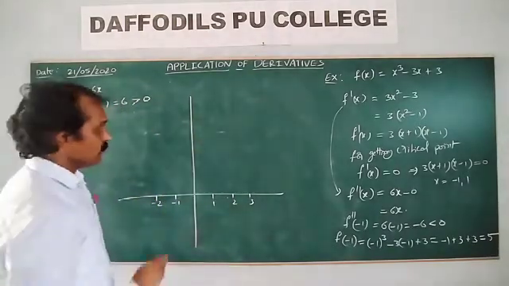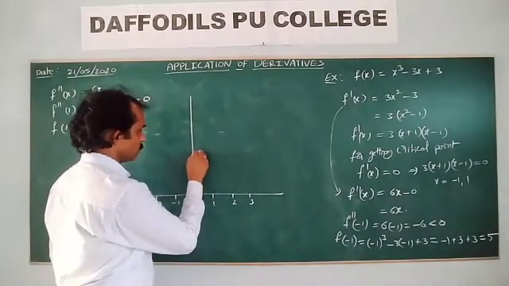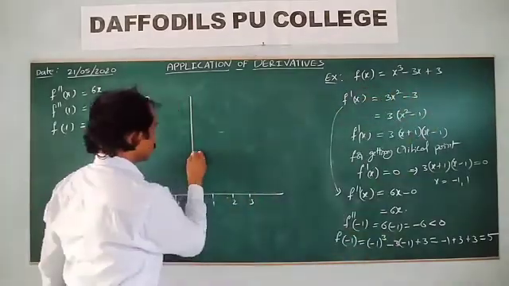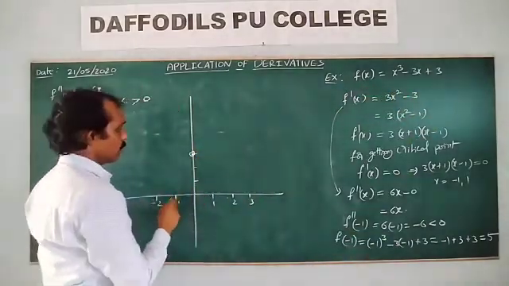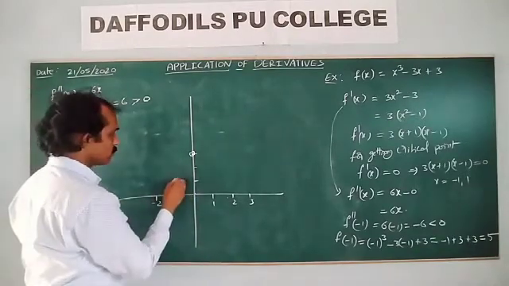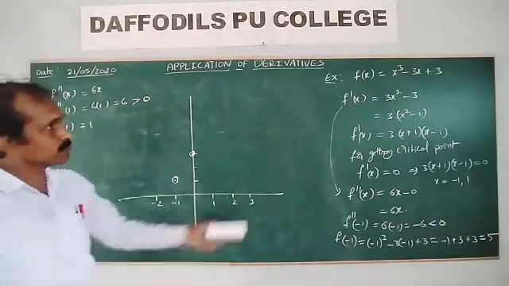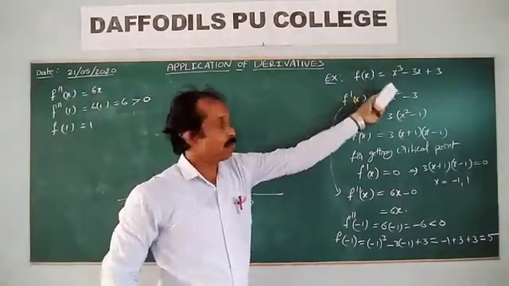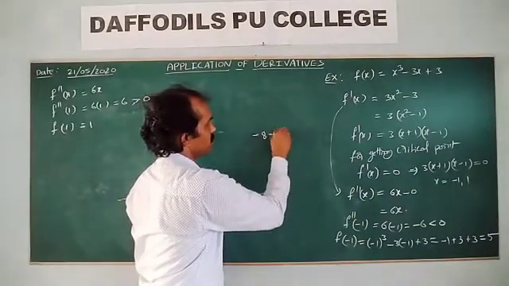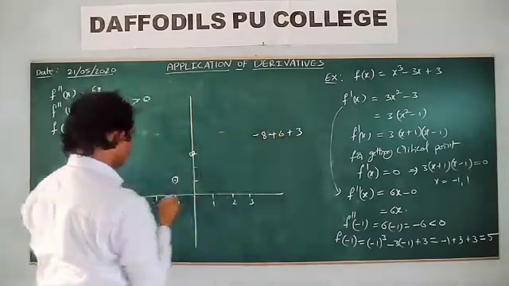Suppose we take the given function at f of 0. What is the value at 0? It is 3. At -1, what is the answer? At -2, it is -8 plus 6 plus 3, and 6 plus 3 is 9.